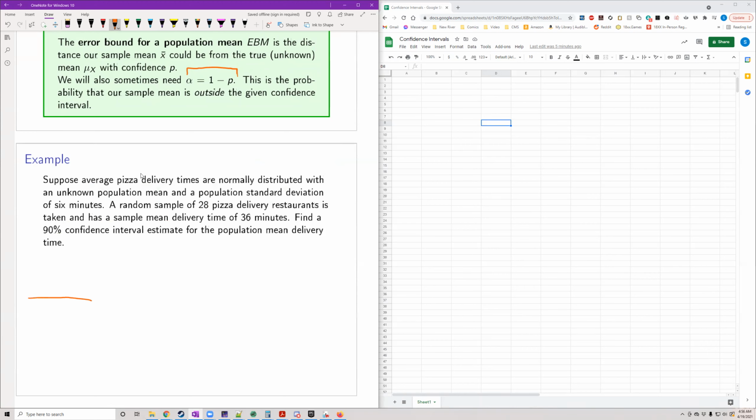So first thing I'm going to do is draw a picture of what's going on. This is the distribution of the sample means. And we're going to say that this is the true distribution centered at some mean we don't know, compared to our distribution, which has our calculated mean of 36.